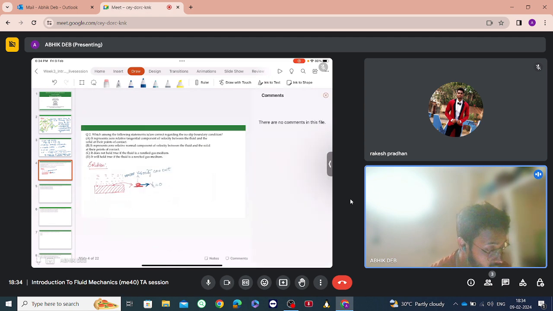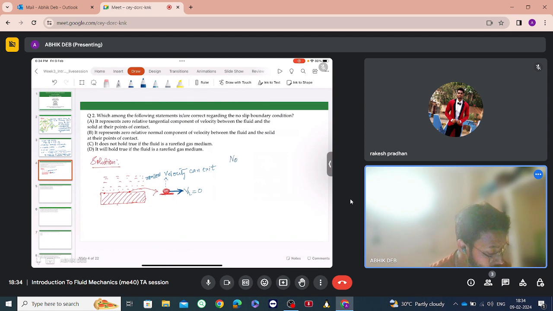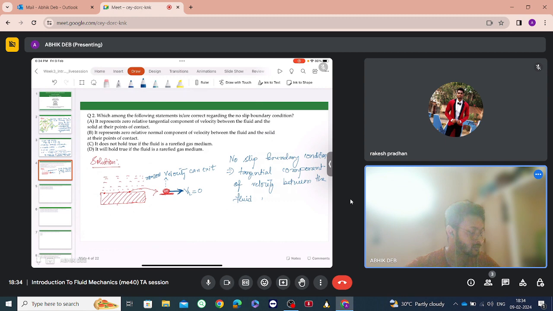The no slip boundary condition implies that the tangential component of velocity between the fluid and the solid is zero at points of contact. So option number A is correct.